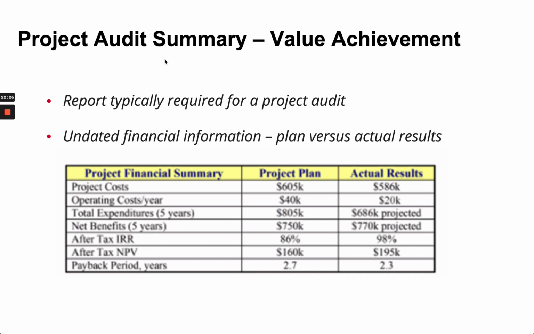Okay, what is the internal rate of return, net present value, the payback period? Hopefully, the actual across the board was improved to the planned of the project toward the beginning. Something to think about if you don't do some type of audit. Okay? Something to think about.